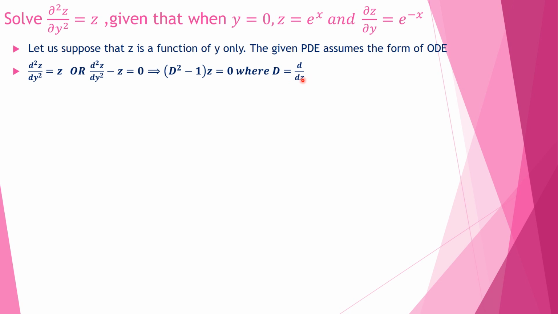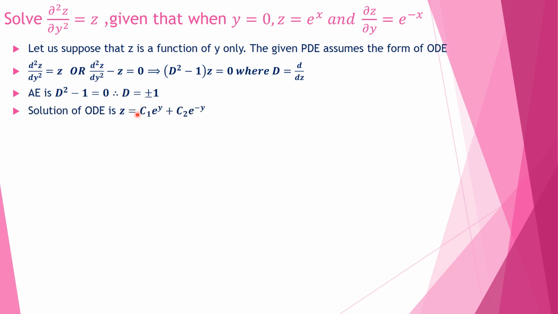Now to solve this homogeneous ordinary differential equation, it is enough to write the auxiliary equation. The auxiliary equation is D square minus 1 equal to 0, which means D square equal to 1, or D equal to plus or minus 1.